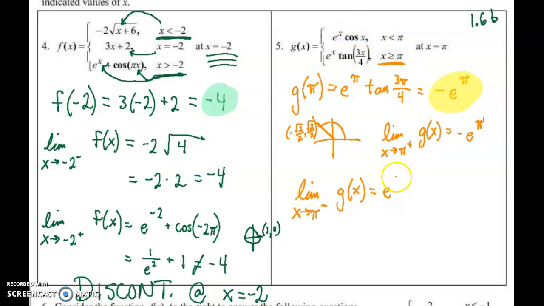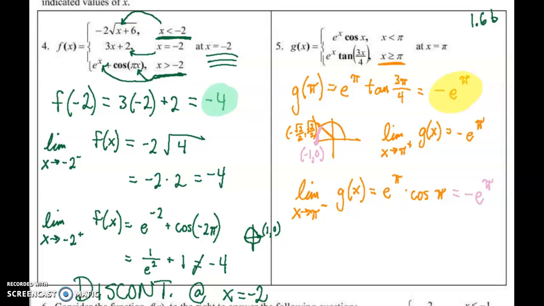So it's equal to e to the pi times cosine of pi, which again, go back to your unit circle. Pi is a semicircle, so that's at negative 1, 0, and cosine's the x-coordinate, so it's e to the pi times negative 1. Same thing, negative e to the pi.